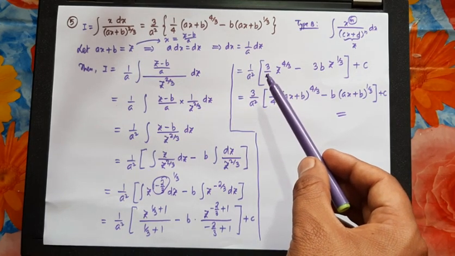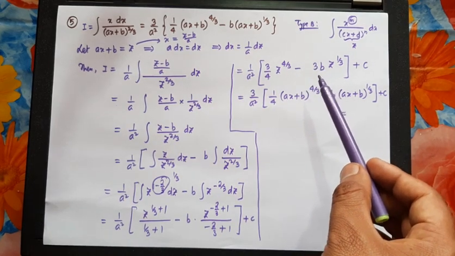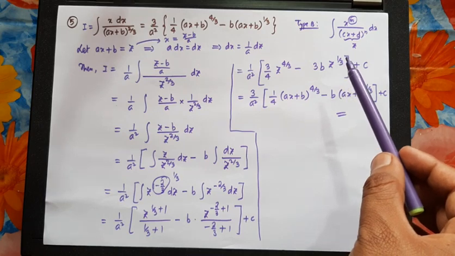Is that clear? Similarly for this, after simplification the power becomes 1 by 3, and the denominator also becomes 1 by 3, but after inverting itself this 1 by 3 becomes 3 by 1, which is nothing but 3, so along with this b it becomes 3b, and it becomes z to the power 1 by 3.